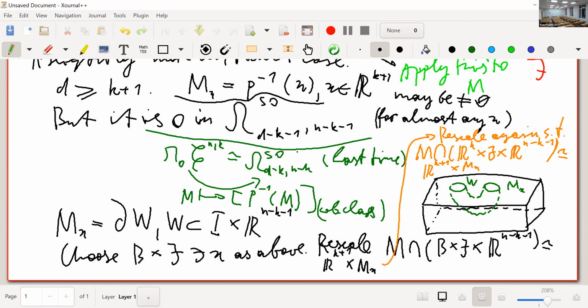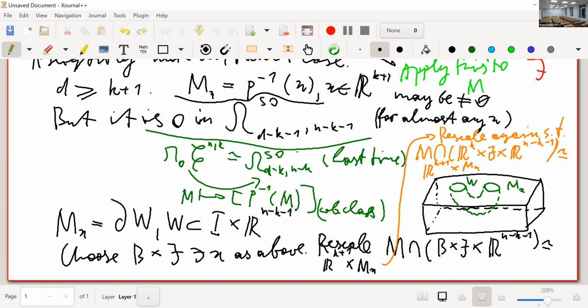So, okay, let's look at these two steps as well. Step one, we have this submanifold M, and we choose a regular value x, and then the preimage of this value is Mx.